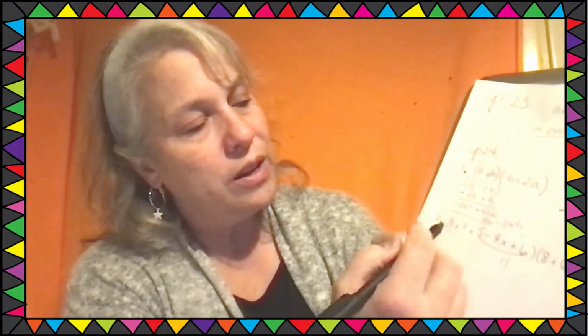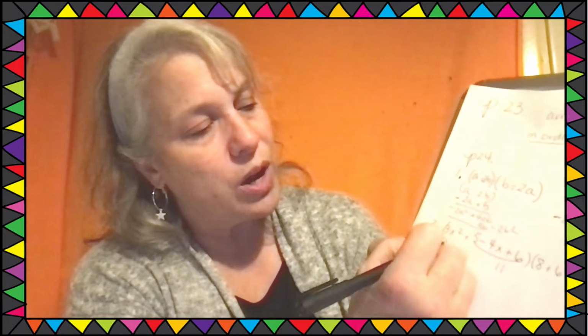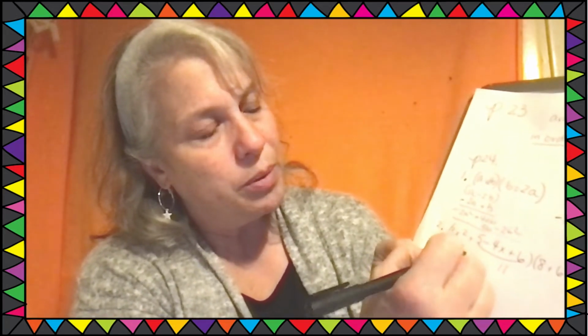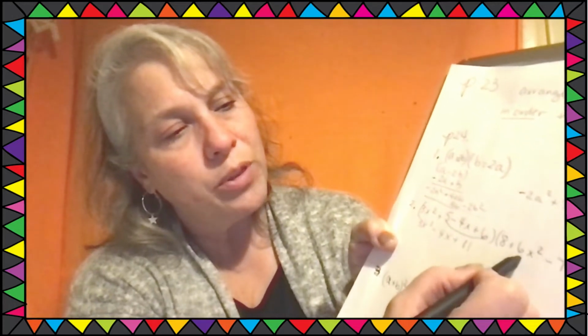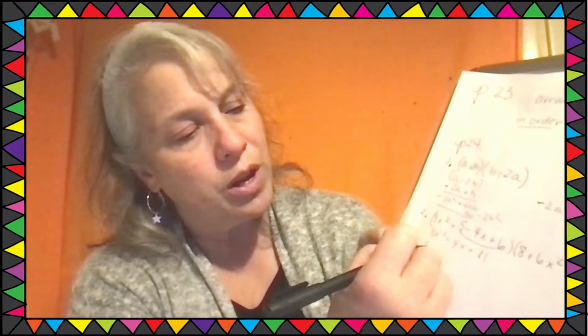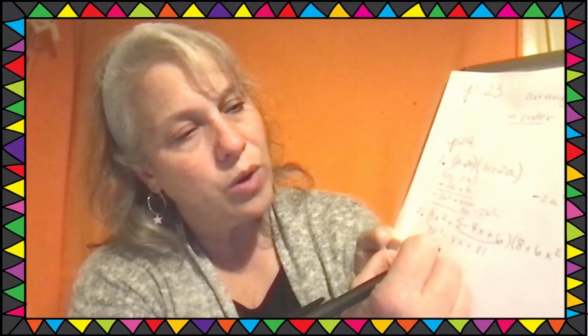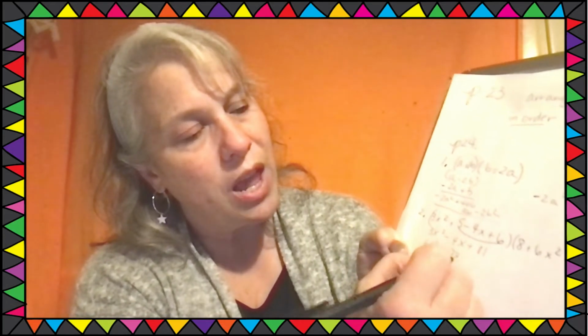That makes 11. And then I can do 3x squared minus 4x. Then the next trinomial, I can put the x squared first. I'm going to put it underneath here: 6x squared minus 7x plus 8.